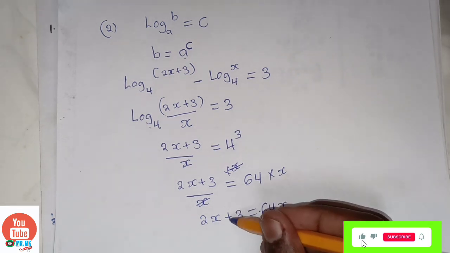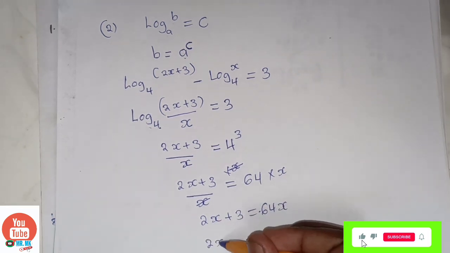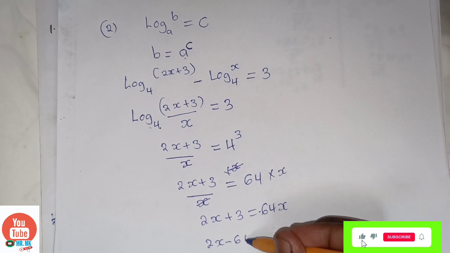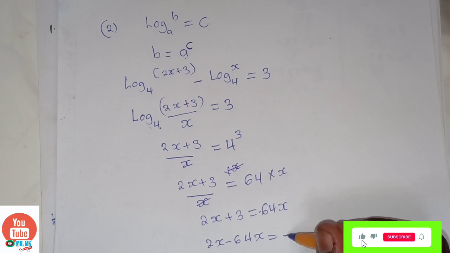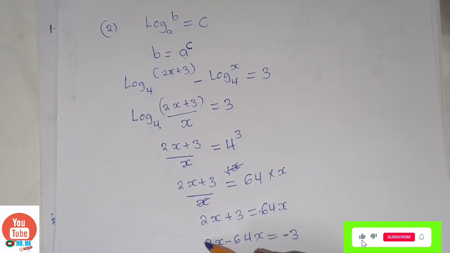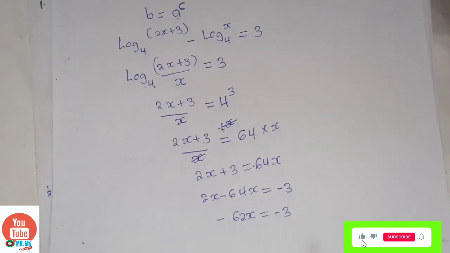Positive, if it crosses to the other side, it will be a negative. 2x minus 64x is equal to positive 3. If it crosses to the other side, it will be a negative 3. Positive 2x minus 64x will be negative 62x is equal to negative 3.